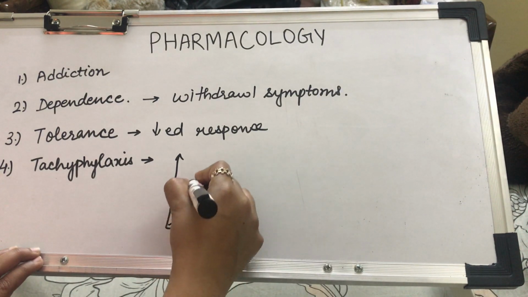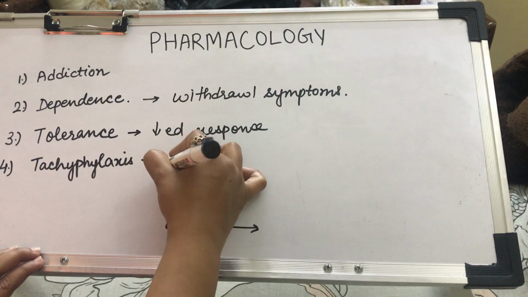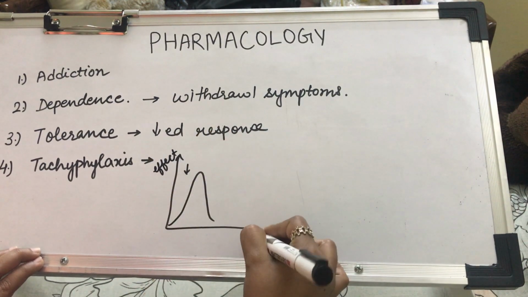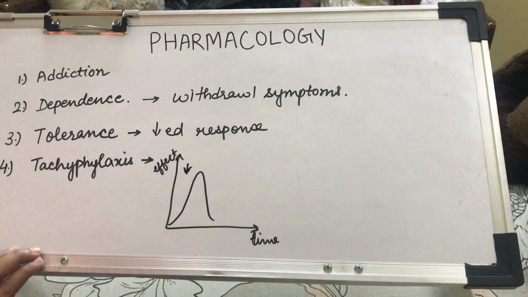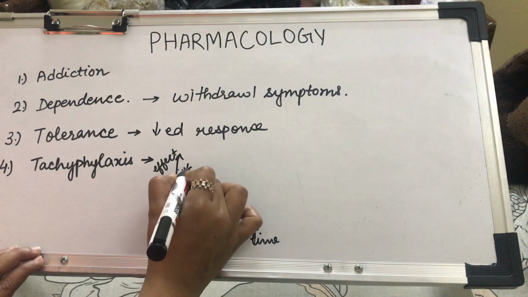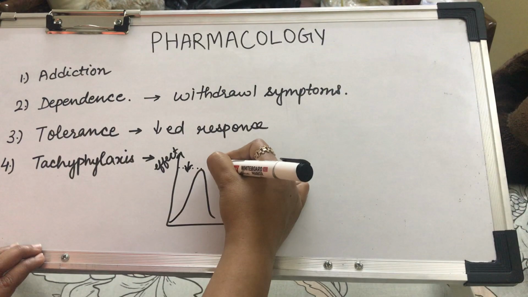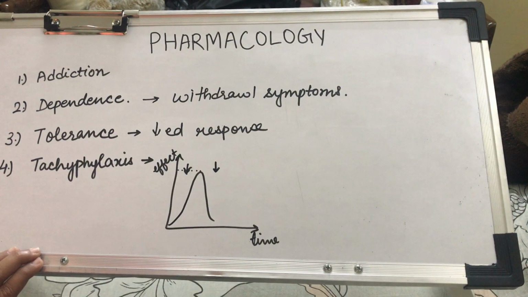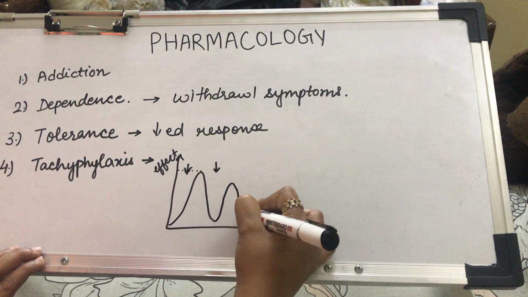For example, you took the drug here. This is your effect, this is your time, and this is the administration of that particular dose. And you observed this much effect. Then for the second time you take the same dose, but the effect is reduced.